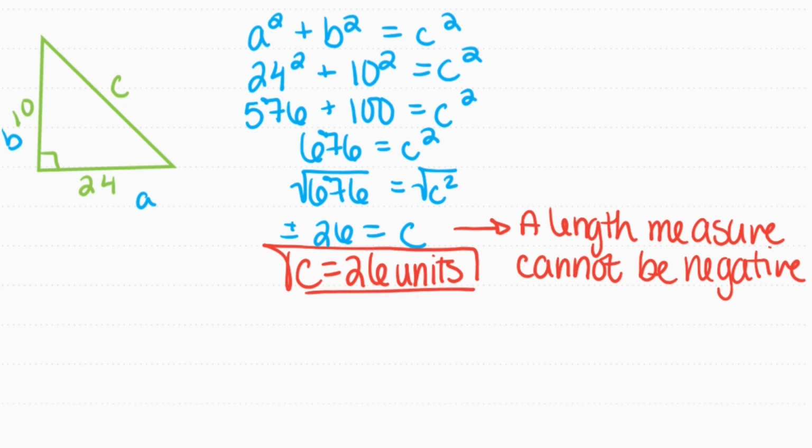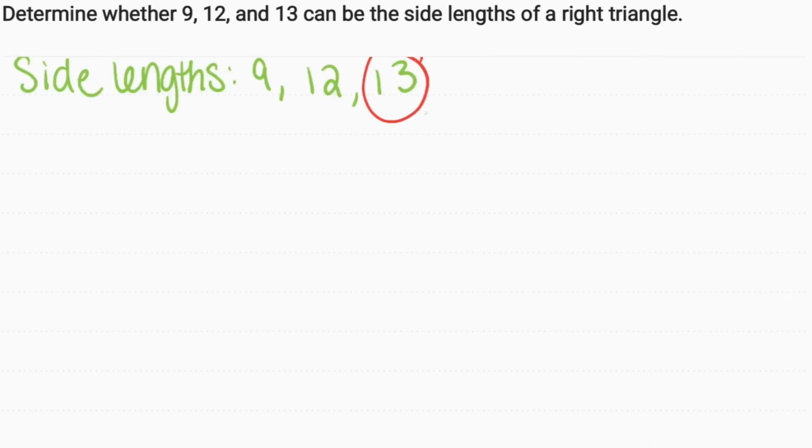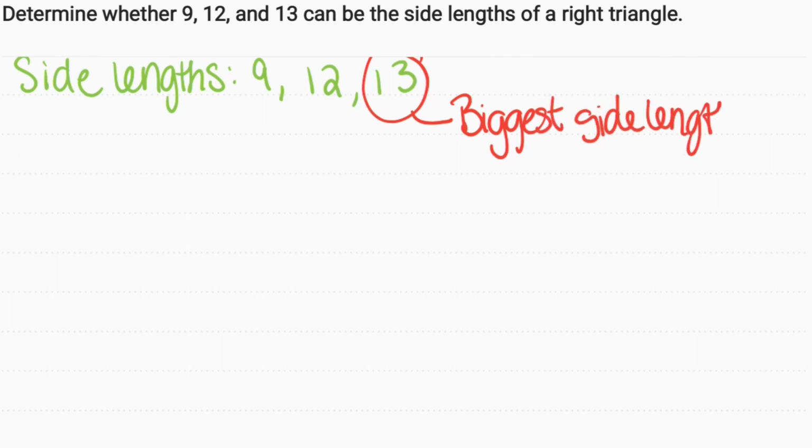For our second example, we get a word problem. We say determine whether 9, 12, and 13 can be the side lengths of a right triangle. So you should always start by drawing a picture, and you must always identify C still. We said C is the longest side length, so it's going to have to be 13.